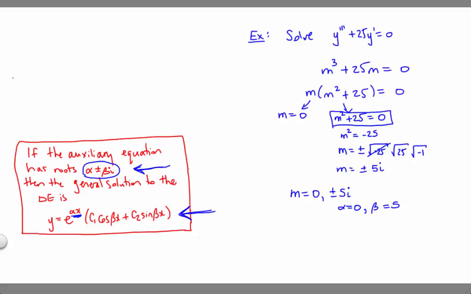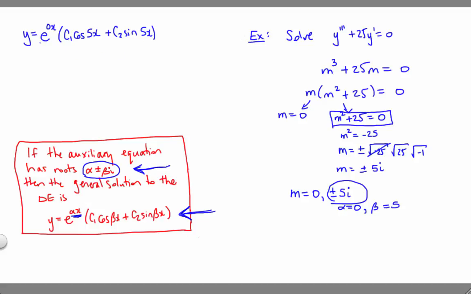Alright, so in writing down our general solution, I suspect life might be a little bit easier if we work with the complex roots first. So let's try that. So with alpha value of 0, we would write e to the 0x times c1 cos of 5x, I'm using the beta value of 5 here, plus c2 sine of 5x.